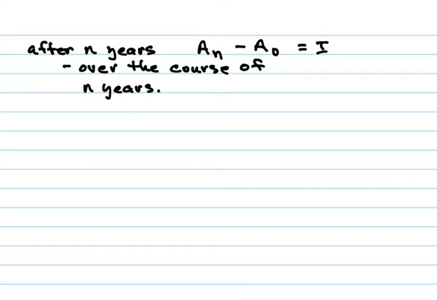Now, they might ask you another question in a different way, and that's they might want the interest in the nth year. So, for example, how much interest did I earn in the third year? Okay?